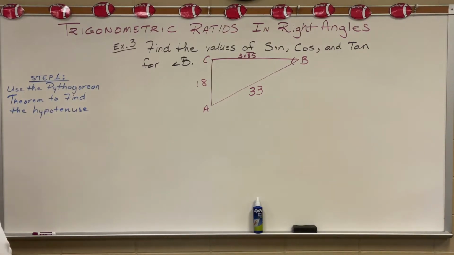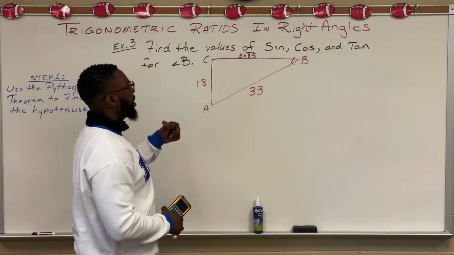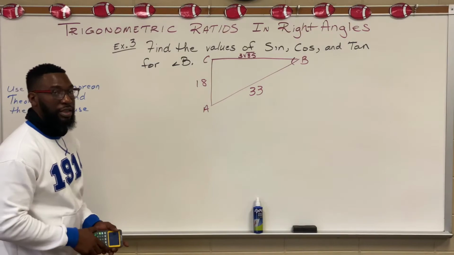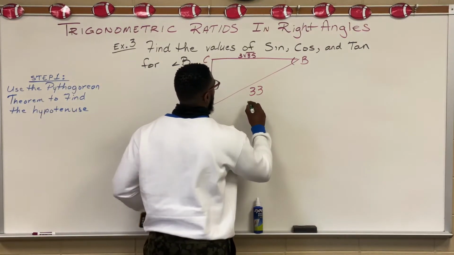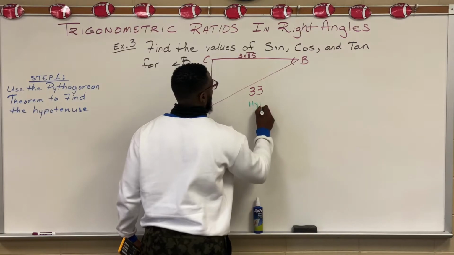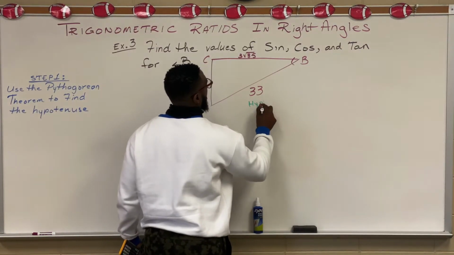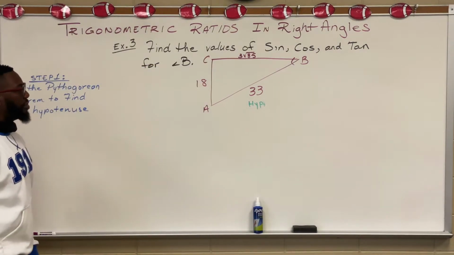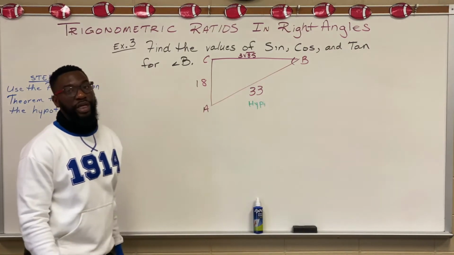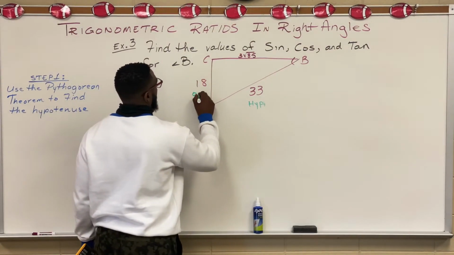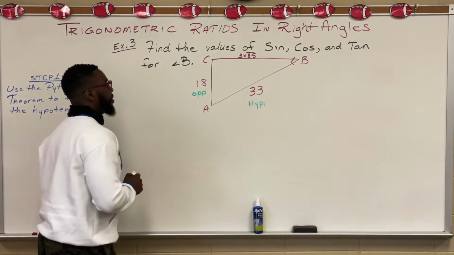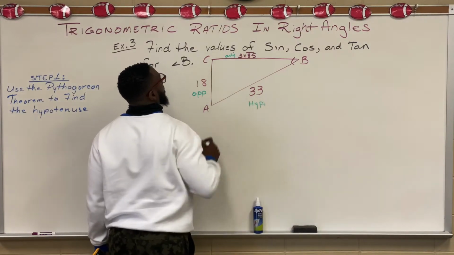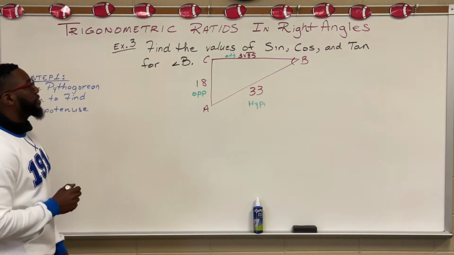The next thing we do is identify the parts of this right triangle. We know the hypotenuse is the longest side, so that'll be 33. Since we're finding the sine, cosine, and tan for angle B, the side opposite of angle B is 18. Which leaves side adjacent as 3 square root of 85.